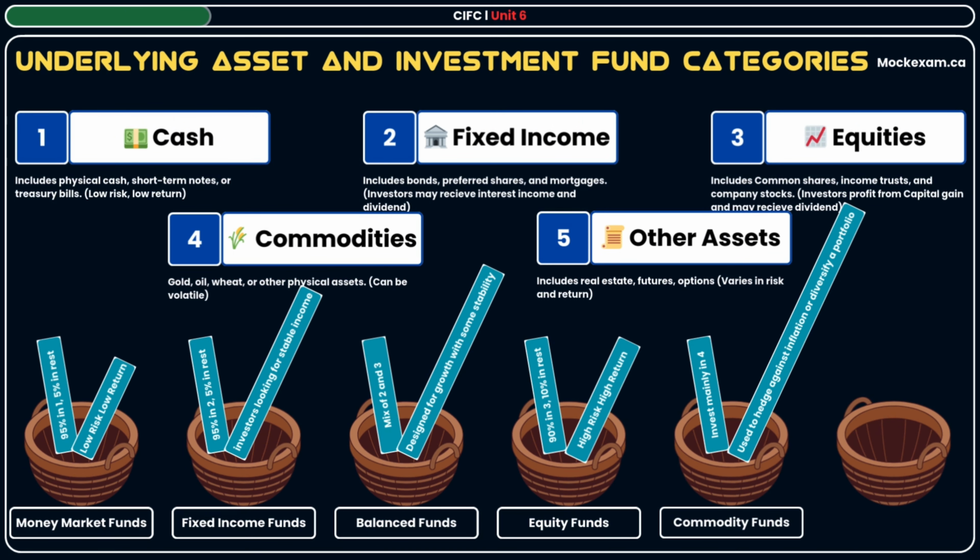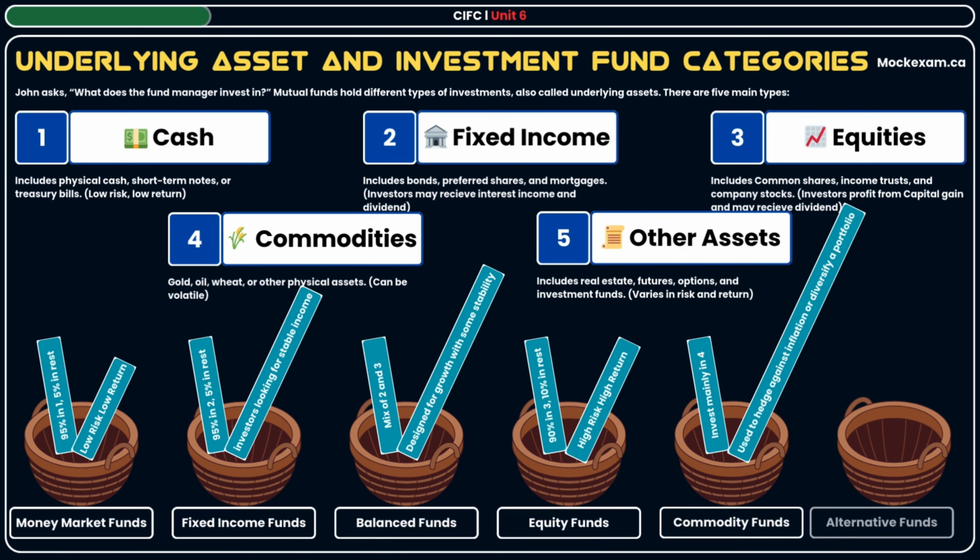So, as you can guess, these types of mutual funds are used to hedge against inflation or diversify a portfolio. Okay. And these are very risky mutual funds because you're investing in physical assets like gold. It's not a company. Okay. It's physical assets like gold, oil, wheat. Very, very risky.